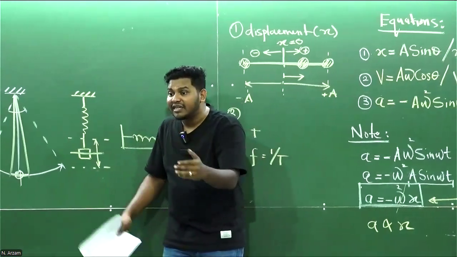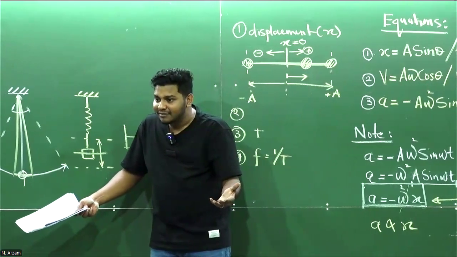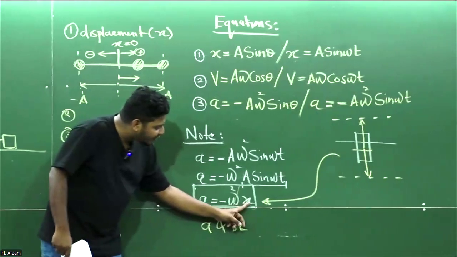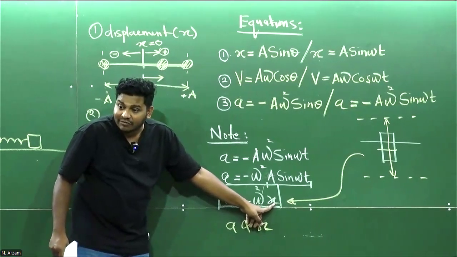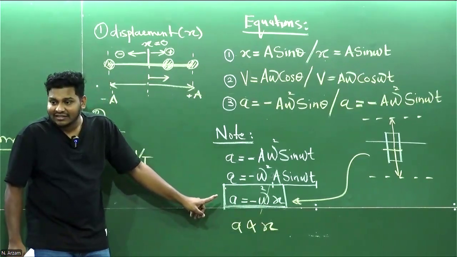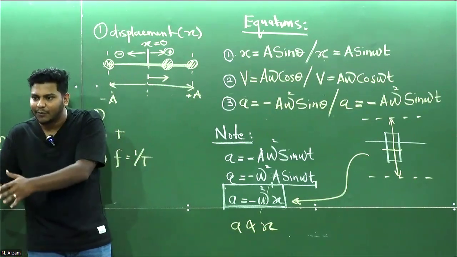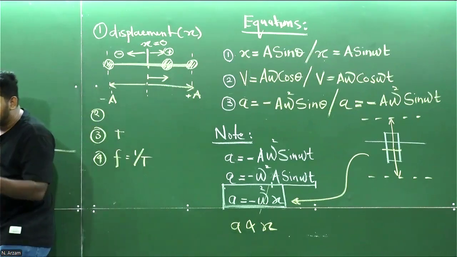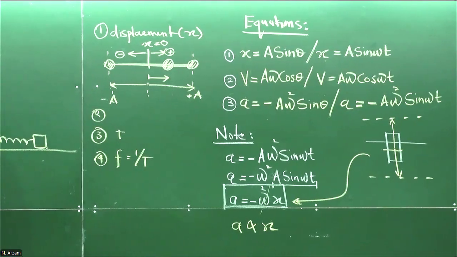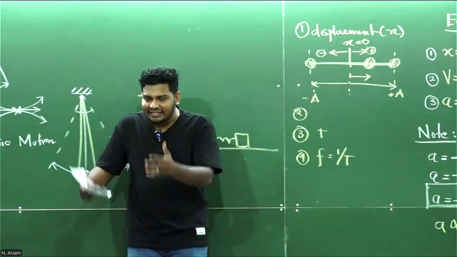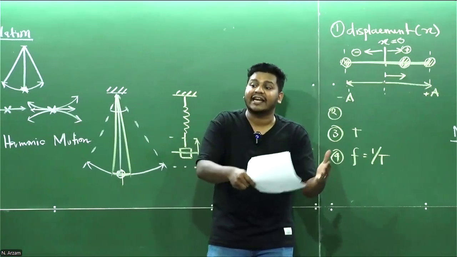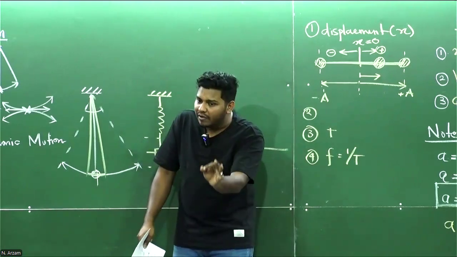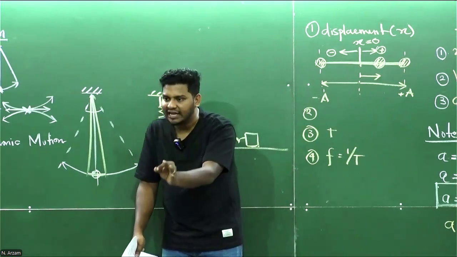If the displacement is zero, substitute zero for the x. What's the value for the acceleration? Zero. If the x is zero, the acceleration is zero. So if the displacement increases, the acceleration increases. If x decreases, the acceleration decreases. And also this acceleration is always towards the center.